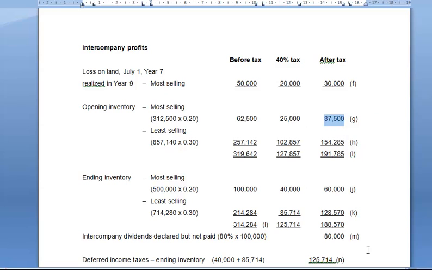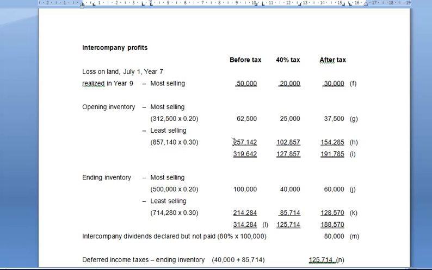Now, we're also going to see here from the additional information that leased, the sub, sold inventory in year 8 to most. And when leased was selling, they told us that most was unable to unload or sell to third parties $857,140, of which 30% represents profit, because we know when leased sells to most, it sells at a 30% profit.